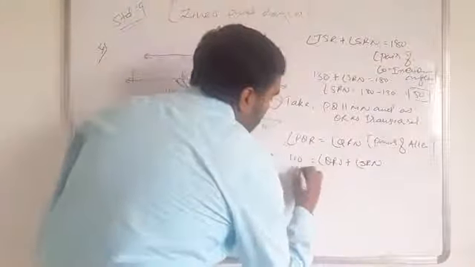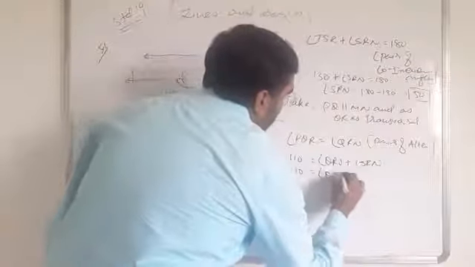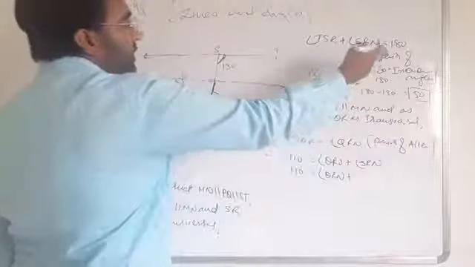So 110 equals QRS plus SRN, and SRN is 50 degrees.